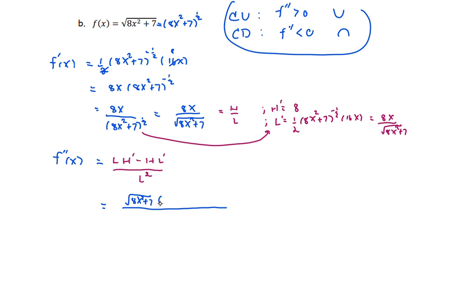The d high is 8, minus the high, which is 8x, times the d low, which is x divided by the square root of 8x squared plus 7, all divided by the low squared, which is the quantity square root of 8x squared plus 7, squared.